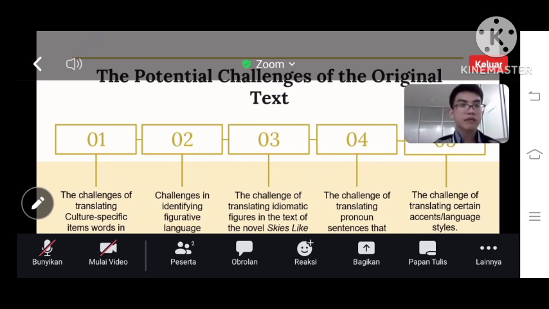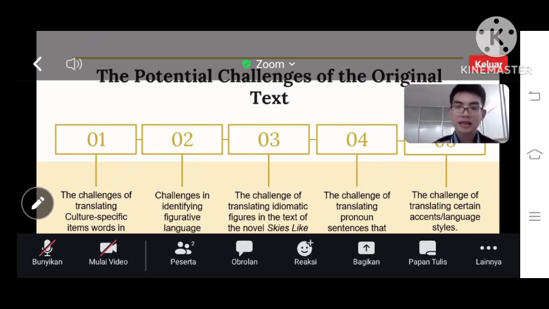The first, the challenges of translating culture-specific item words in the novel, and then the second, challenges in identifying figurative language elements in the source language text, and then the third, the challenge of translating idiomatic figures in the text of the novel Sky Like This, and then the fourth, the challenge of translating pronoun sentences that affect the concept of politeness in language, and then the last, the challenge of translating certain accents or language styles.